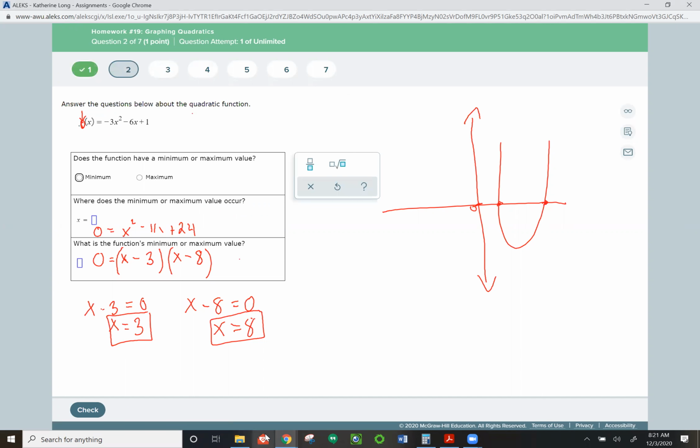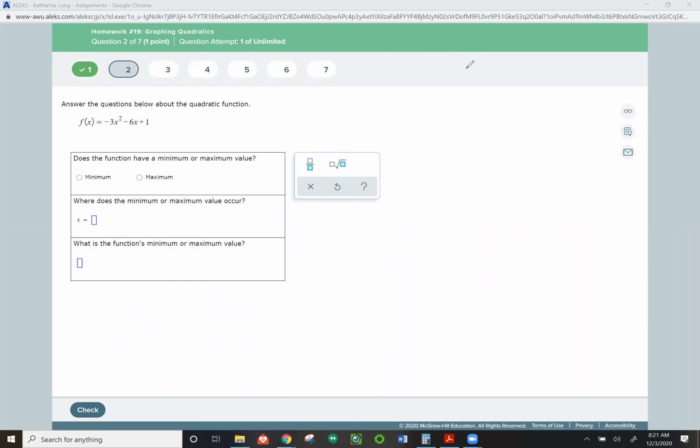Number 2 asks us about our vertex, okay? So if we remember, the vertex happens either at the maximum or the minimum of my parabola.